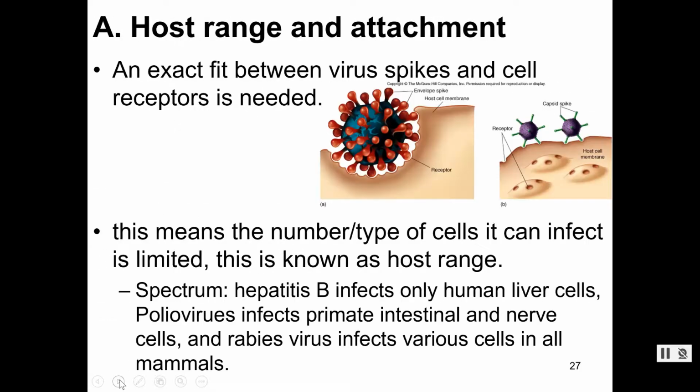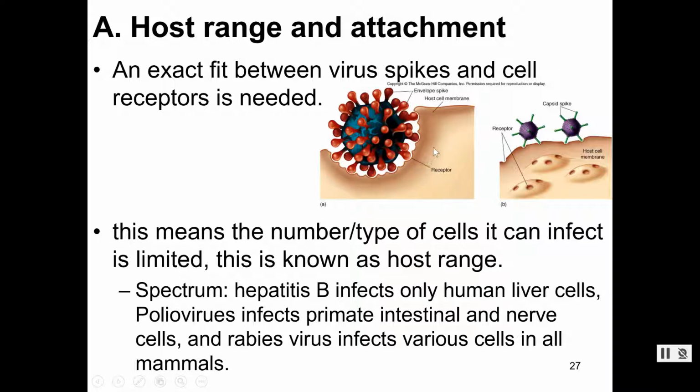We've got to get attachment. Good news, a lot of similarities. It is still protein-protein interactions. It is still glycoproteins or spikes, and those are just different words for the same thing. It depends on the literature, which goes back and forth. Glycoproteins or spikes are a protein on the virus that is going to bind to a protein on the cell, which they'll talk about as a receptor.